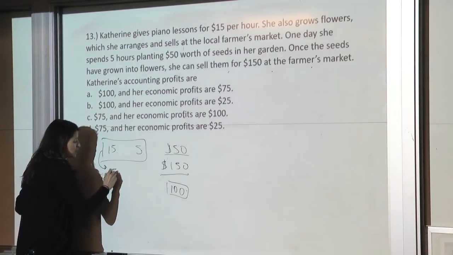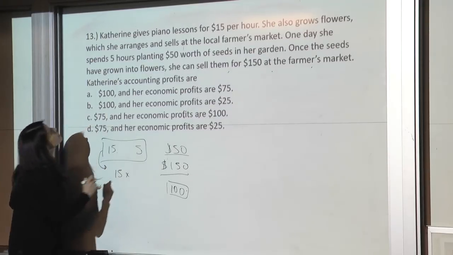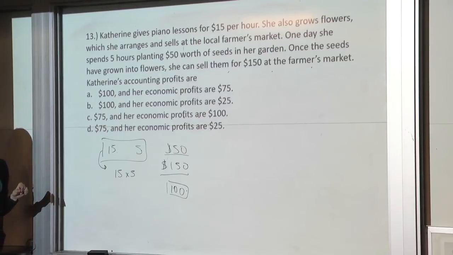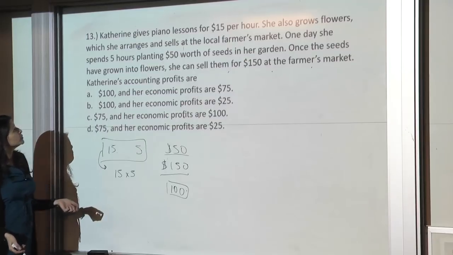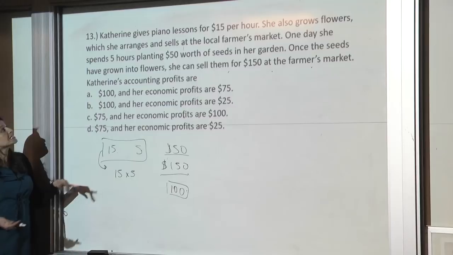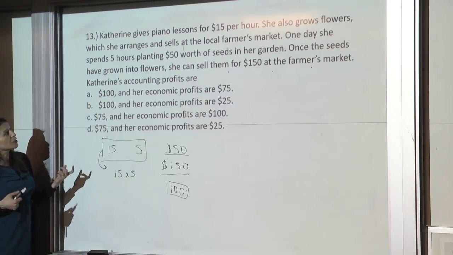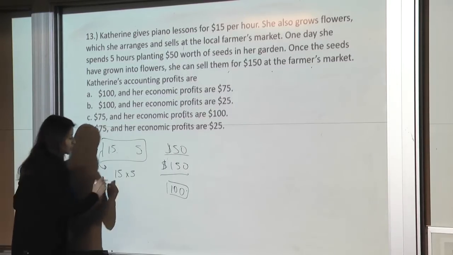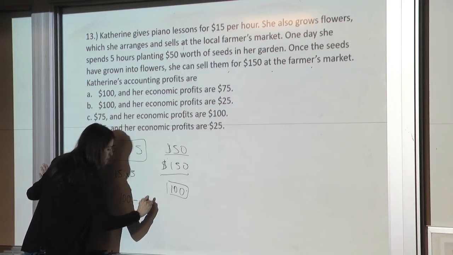So that is 15 times 5 hours, right? Again, you asked this question before. How do I know that I have to calculate the hours times the price? Well, because she is giving up $15 per hour when she does the flower arrangements, right? So it will be 100 minus 15 times 5.